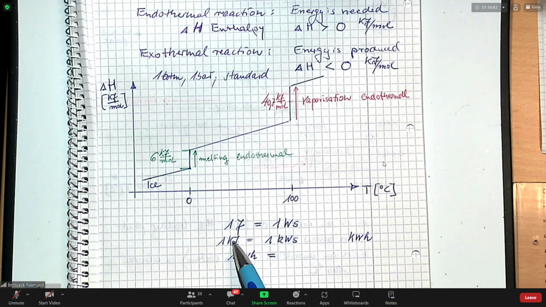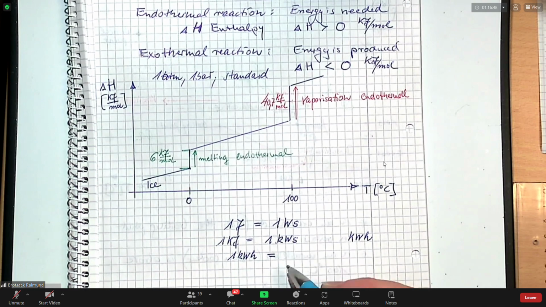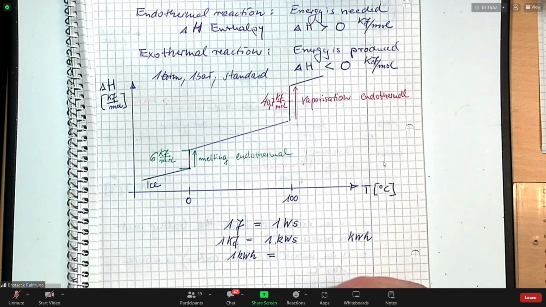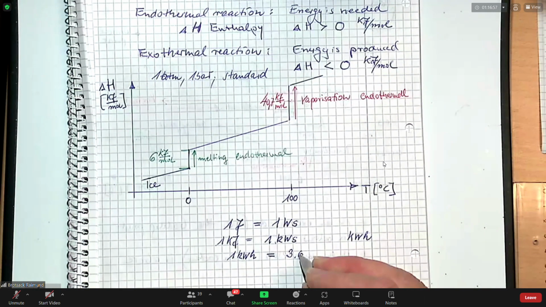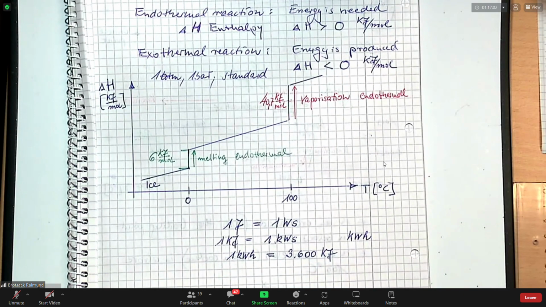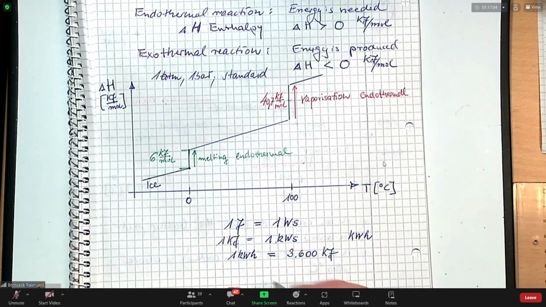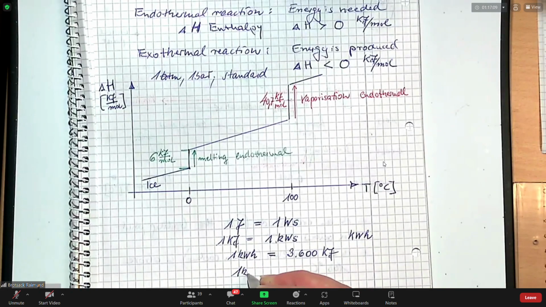When 1 kilowatt second is 1 kilojoule, now 1 kilowatt hour is how many joule? 3,600 kilojoule. Not one over, it's 3,600. So vice versa, 1 kilojoule is 1 over 3,600 kilowatt hours.